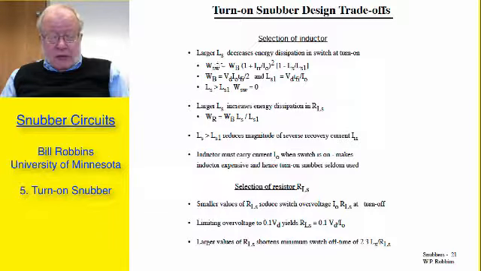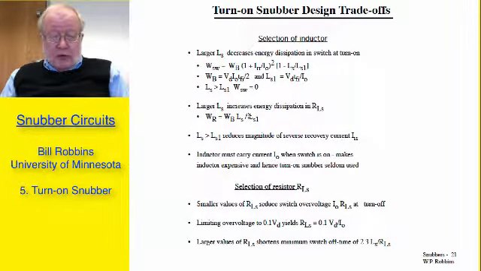I've calculated here what that energy dissipation is as a function of the value of the inductor, and we could normalize that to a value W sub B, which is the energy stored in the inductor when we have Ls equal to Ls1. If the inductor value is larger than Ls1, then the amount of energy dissipated in the switch is essentially going to be zero.